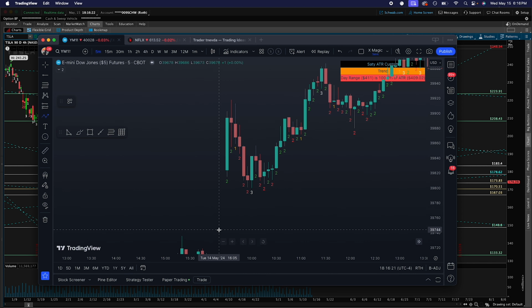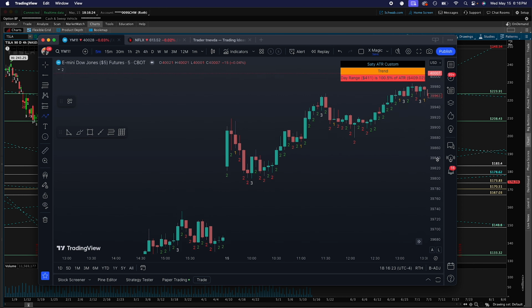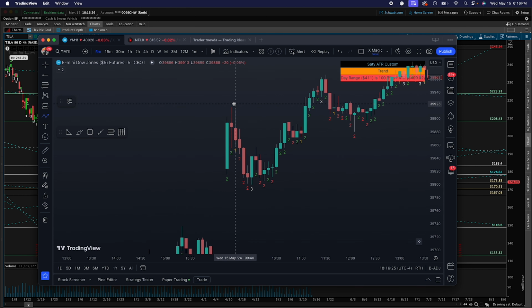CPI came out and basically everything gapped up a lot. First step, a move down from open, and we create a low of day. Second step, we get the retracement. Third step, we create a higher low, and then we start heading higher, which is pretty much what happened today.